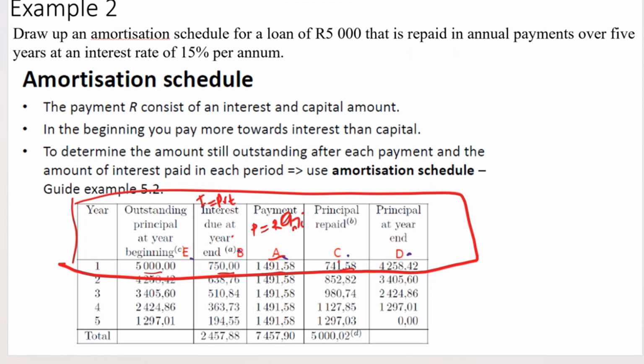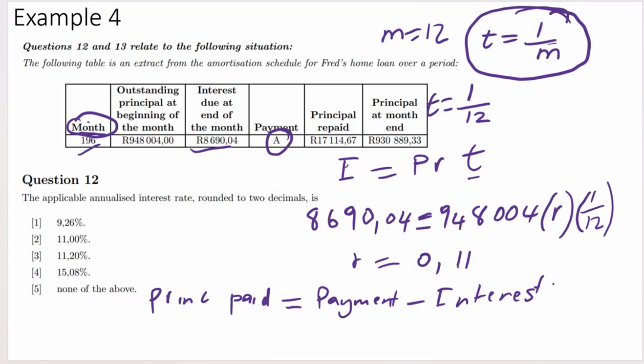Now, your principal that is paid, you are told it is equal to 17,114,67, which is equal to the payment you don't know, that's what you're looking for, minus the interest, which is 8690,04.